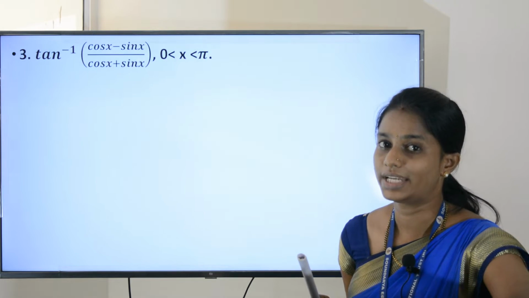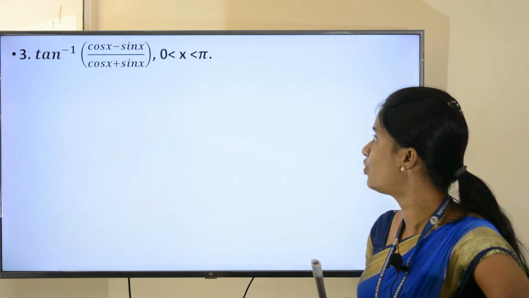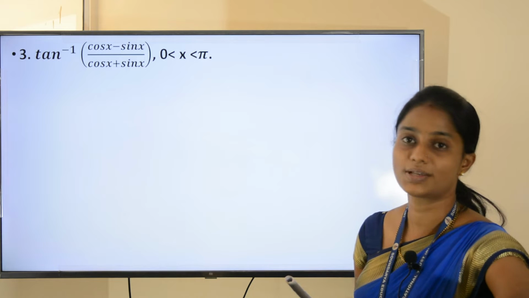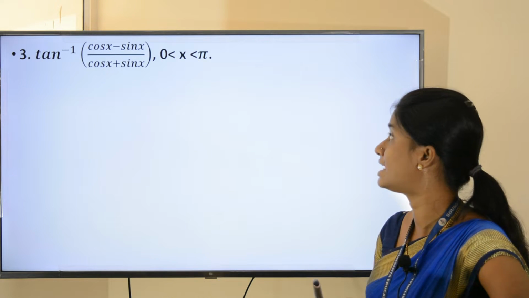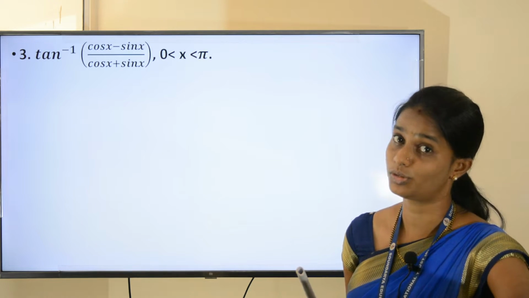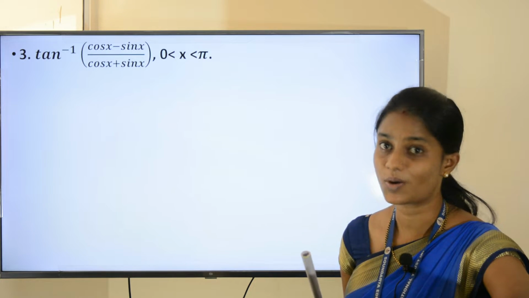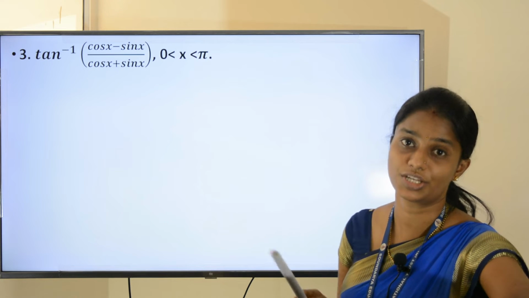Now we'll move on to the next problem, students. The third problem is tan inverse of cos x minus sin x divided by cos x plus sin x, where 0 is less than x less than pi. Now in this problem also, students, there is no need to put any substitution, because they gave only trigonometric functions.